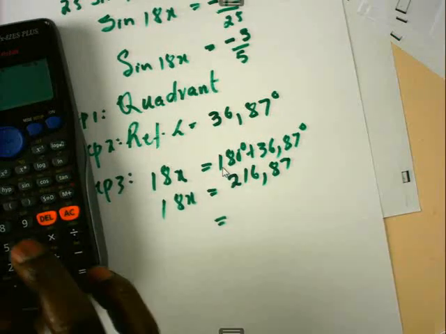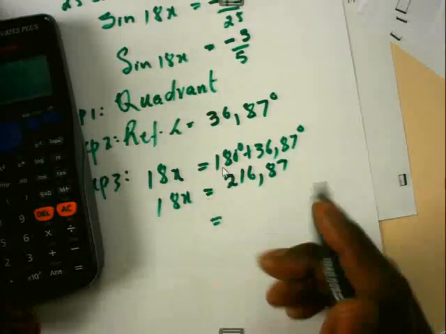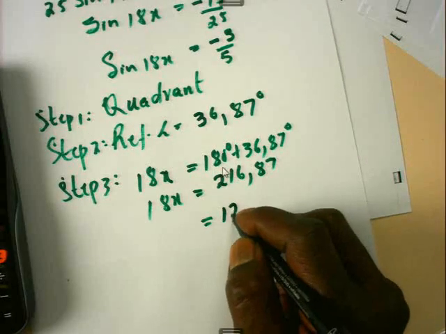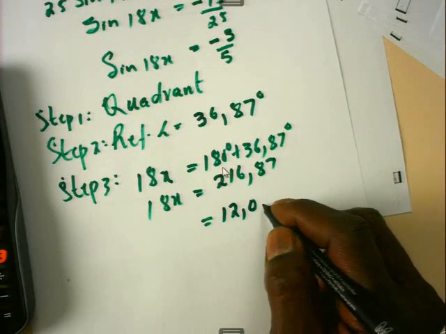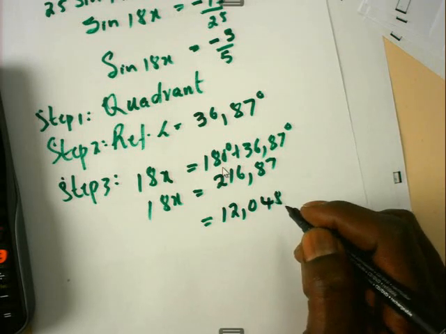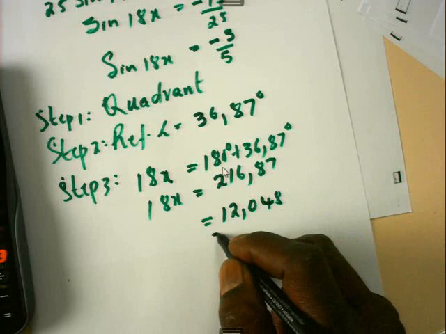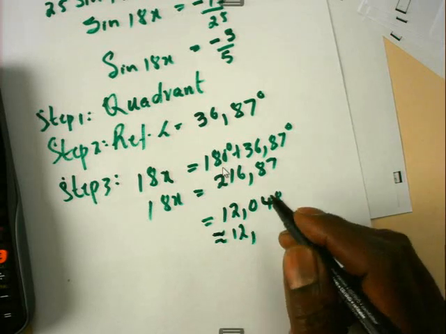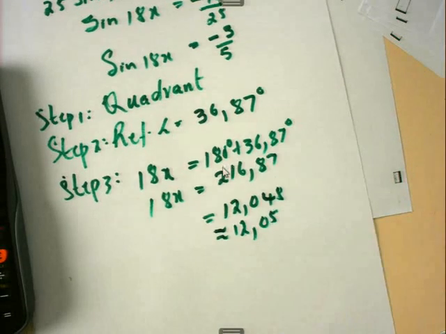Then I must divide this by 18. I'm having 12.0448, which will be approximately 12.05.